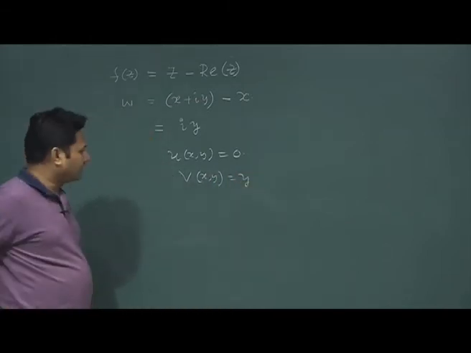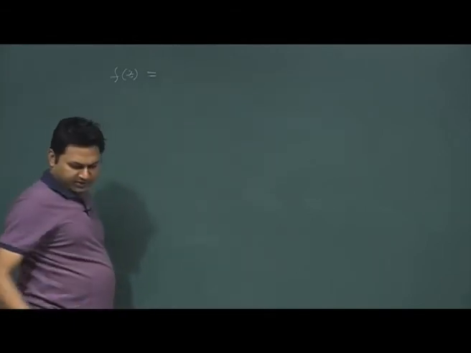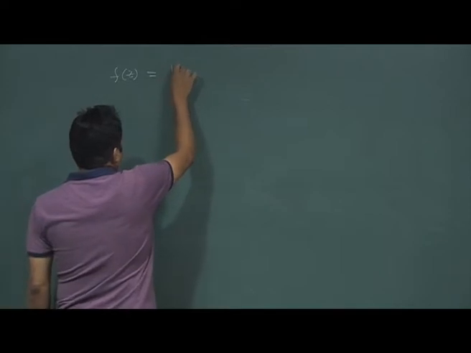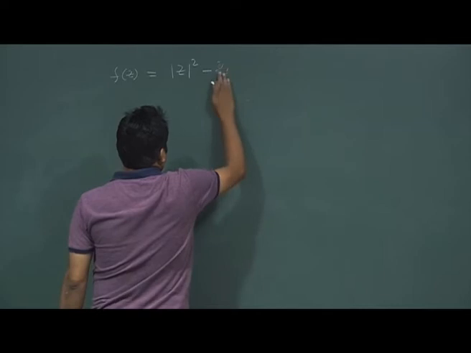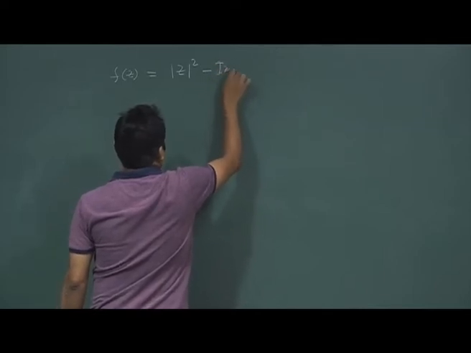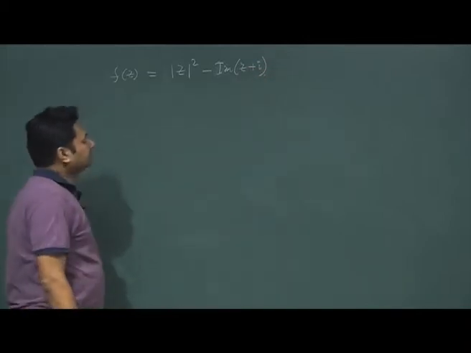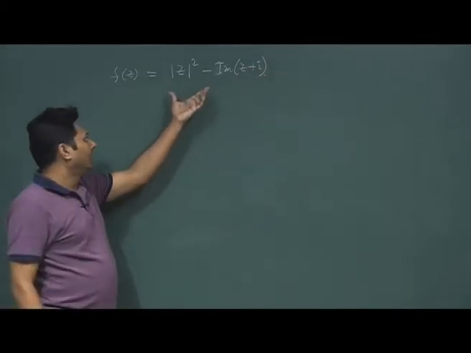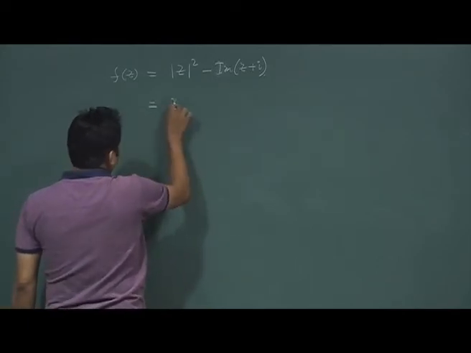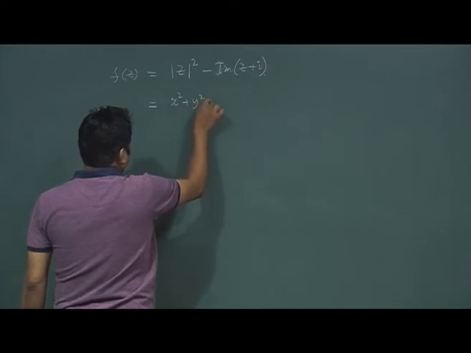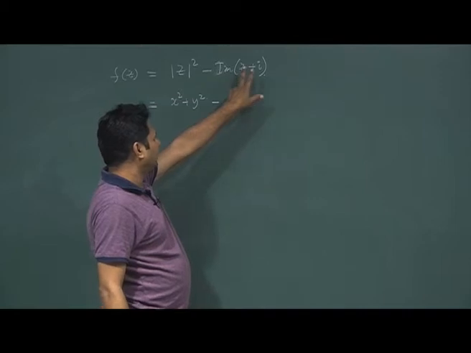There are different kinds of function you can consider. For example, mod of z square minus the imaginary part of z plus i. This is also a function. Mod of z square means x square plus y square, minus the imaginary part of this quantity.